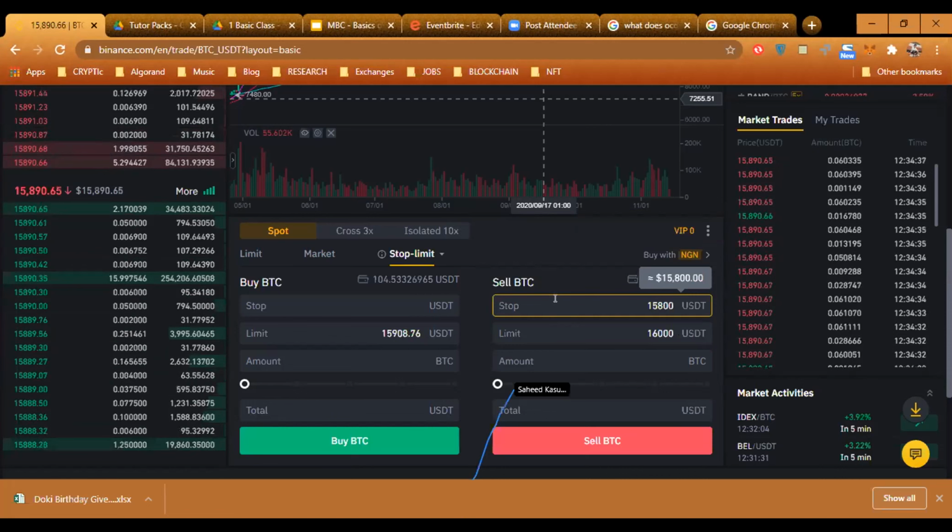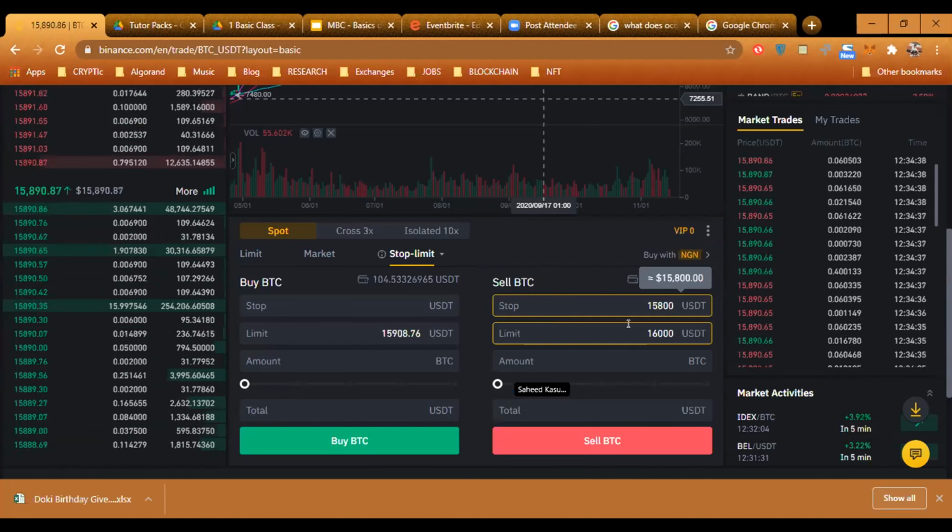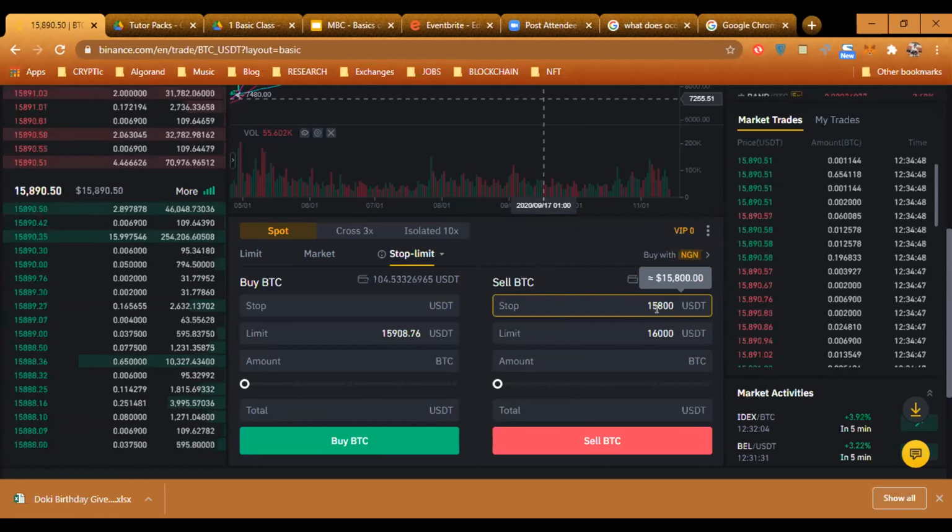I'm telling this trade that if Bitcoin doesn't get to 16,000, but it's now dropping and it drops to 15,800, sell. So that if Bitcoin drops to $10,000, I would have stopped the fatal losses that I would have had.